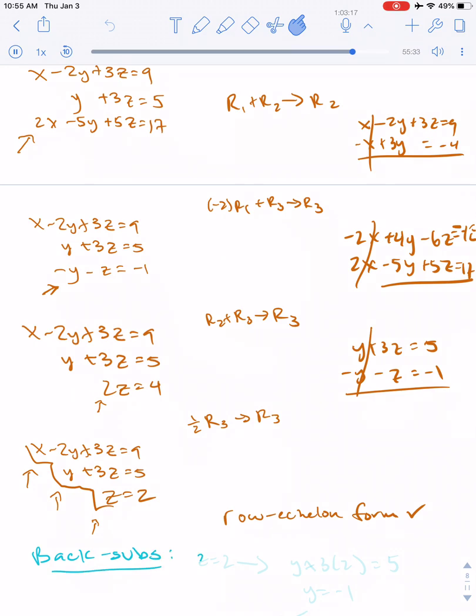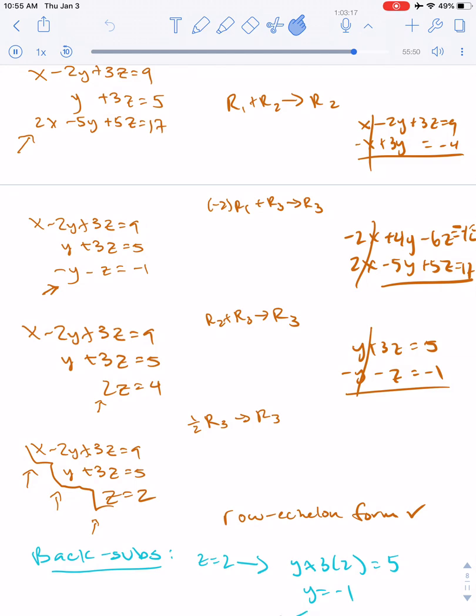So if z equals 2, then y plus 3 times 2 equals 5. Y equals 5 minus 6, subtracting 6 on both sides. Y is negative 1.